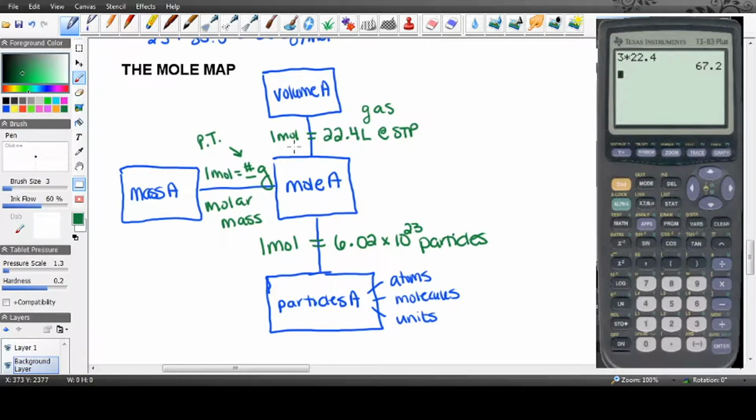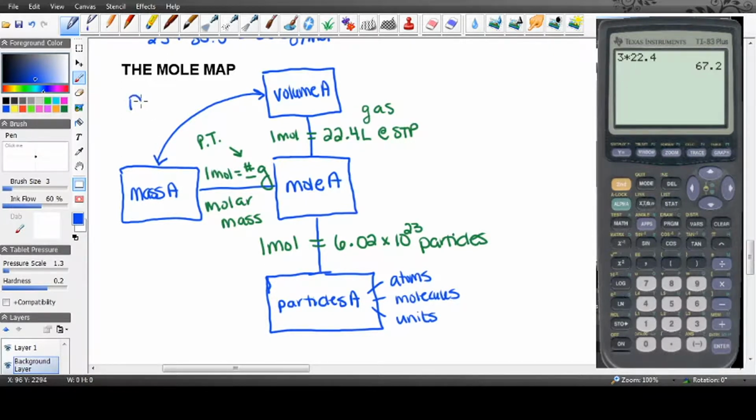So you'll notice at the bottom of page 5, it says, well, what do we do if we've got a solid or a liquid? Stay with me on your mole map for a second. If you have a solid or a liquid, what you can use is the density of that substance, because density allows us to convert between volume and mass.